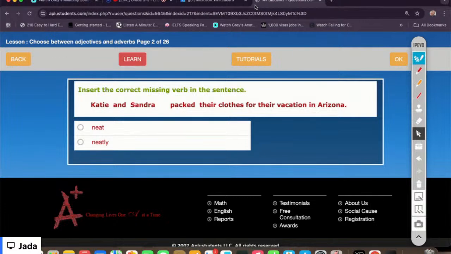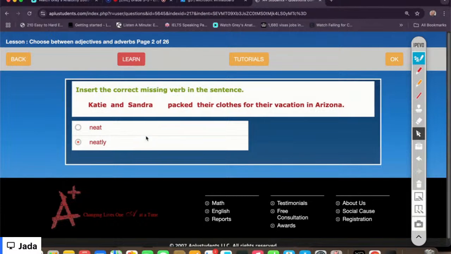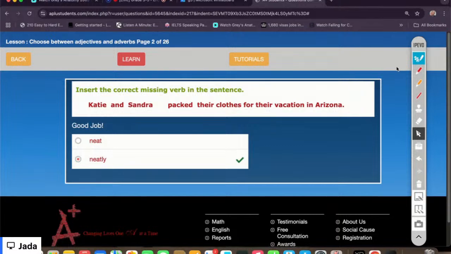So Kate and Sandra neatly packed their clothes for their vacation in Arizona.